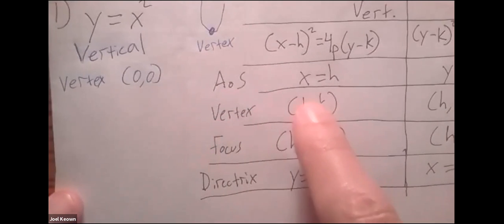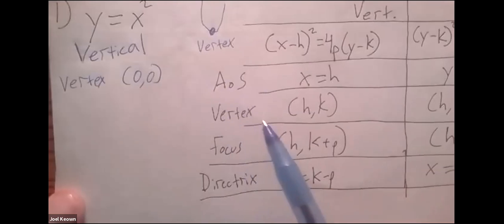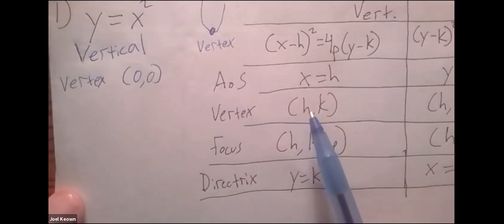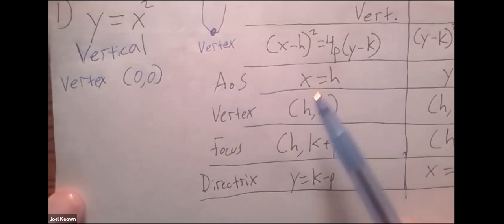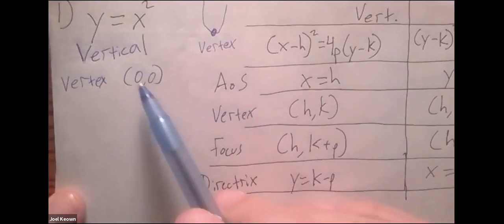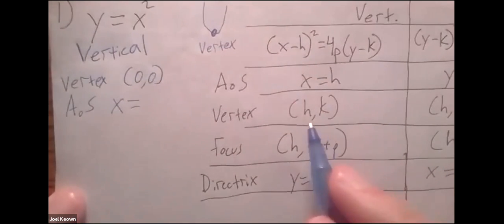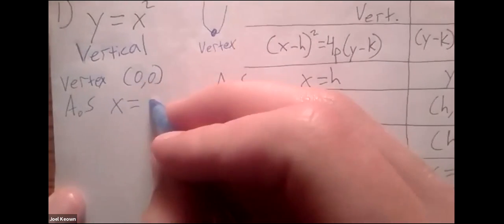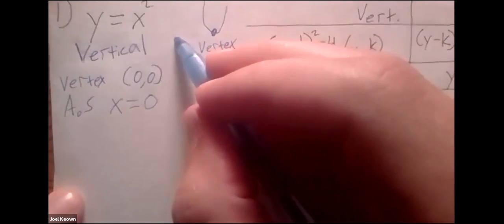So we got vertex. We're going to do axis of symmetry next, just because it's the easiest. If I have the vertex, it says the axis of symmetry is just x equals whatever the h value is. Well, h is 0, so my axis of symmetry is x equals 0. Remember, x equals a number is a vertical line.